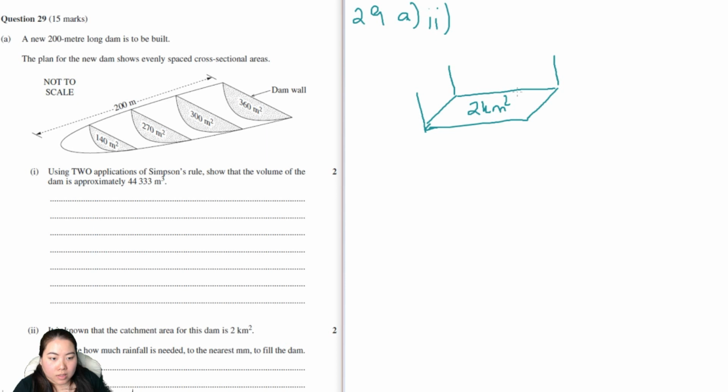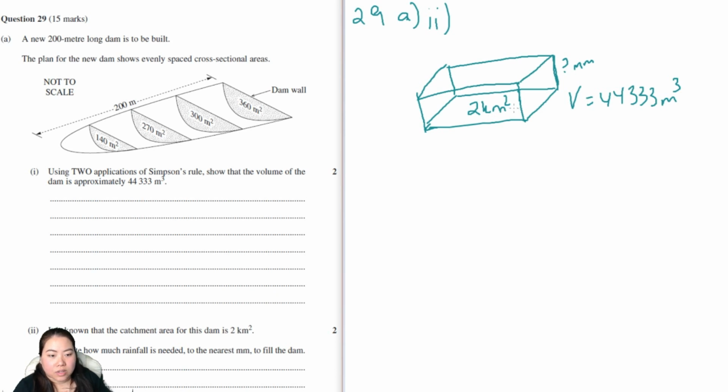So how tall do these walls have to be when the water fills it up, it will have a volume of 44,333 cubic meters. Basically, how many millimeters tall does this rectangular prism have to be if the base of it is 2 square kilometers and rain just keeps on pouring in?